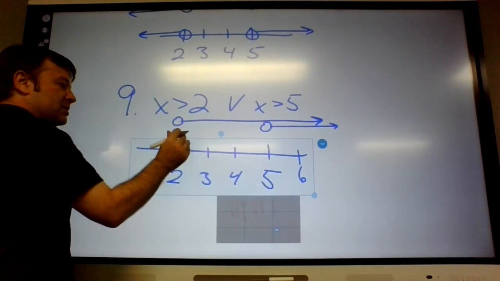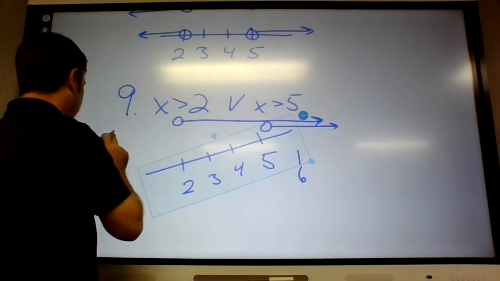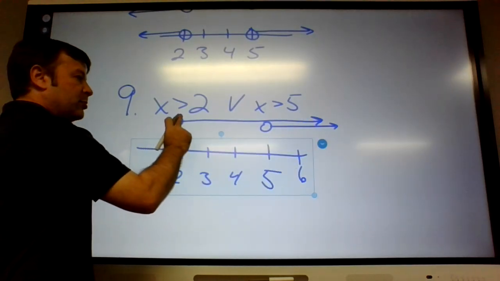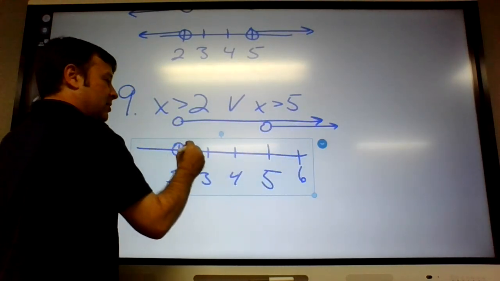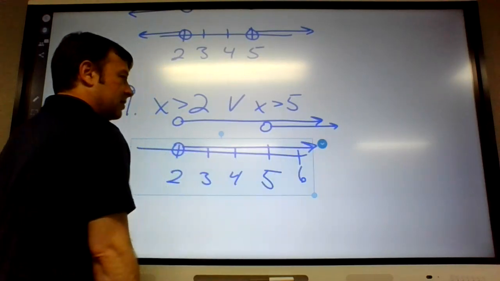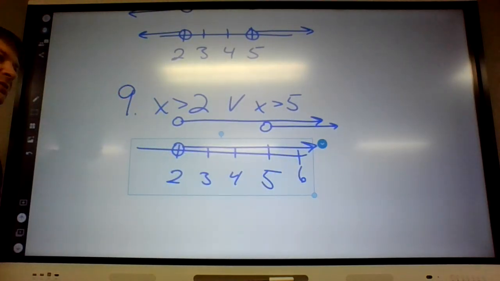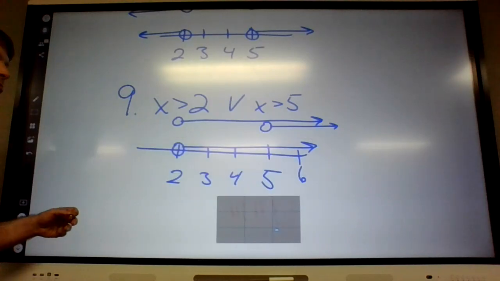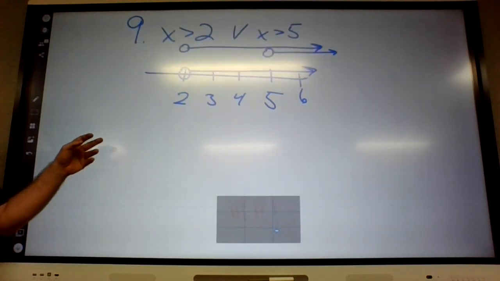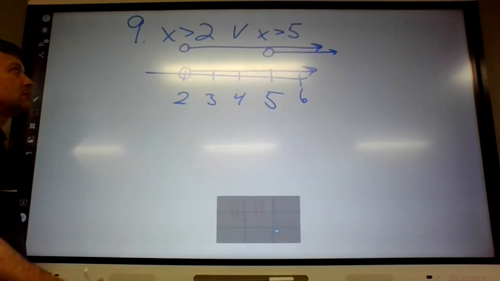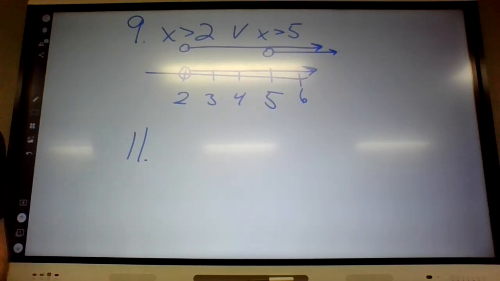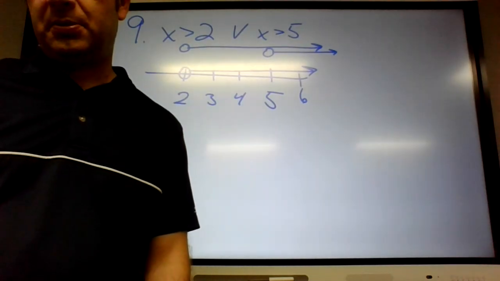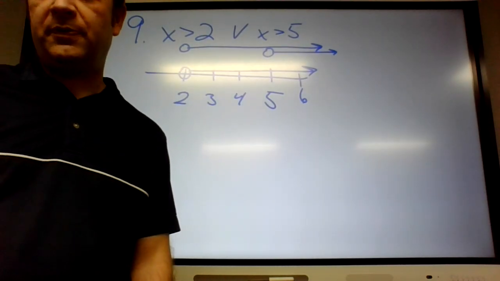So 2 would not work. So basically all these numbers, if it's covered by one of the lines, it's going to be part of the answer. So all these numbers back here going forward are part of the answer. They're repeating the numbers on the first 4, 2 and 5.